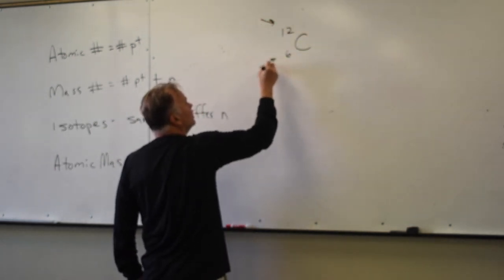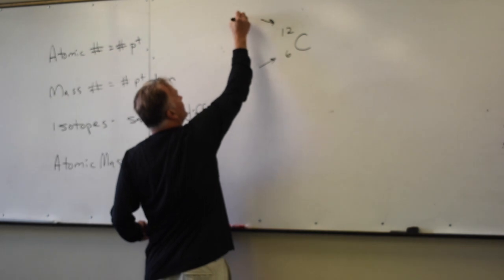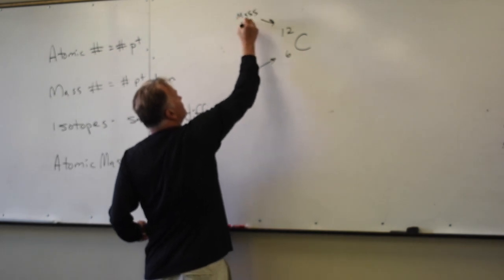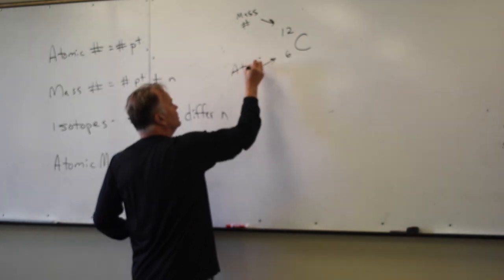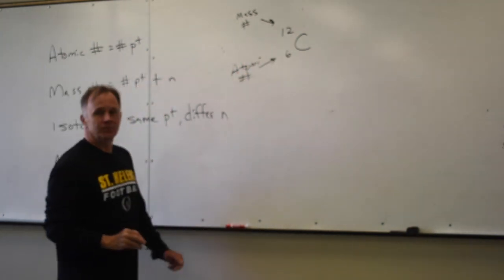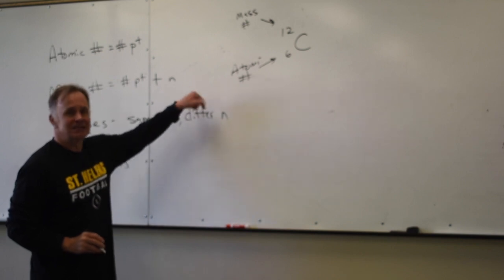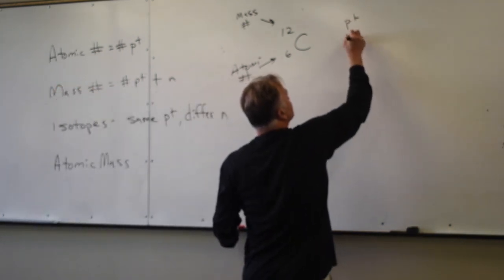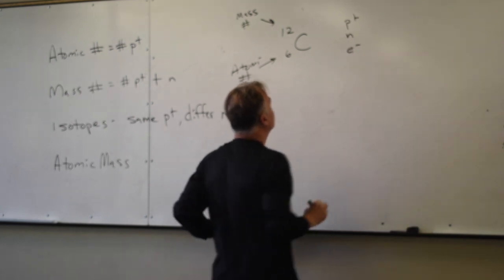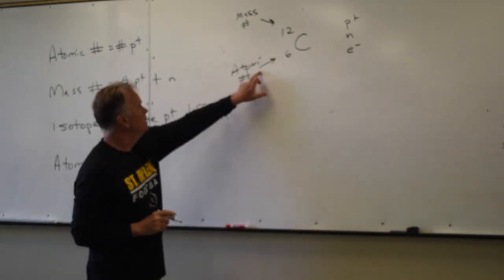Carbon 12 would look like this. That would be the mass number, and this would be the atomic number. So carbon can exist like that, and if it exists like that, we can tell how many protons it has, how many neutrons it has, and how many electrons it has just by looking at those numbers.